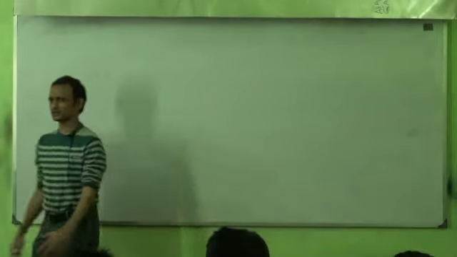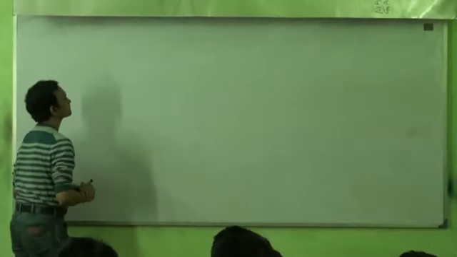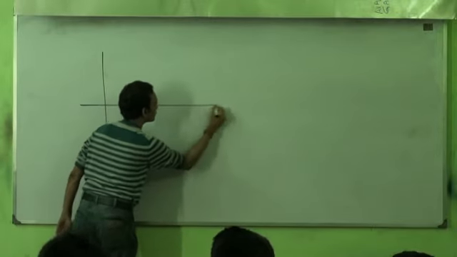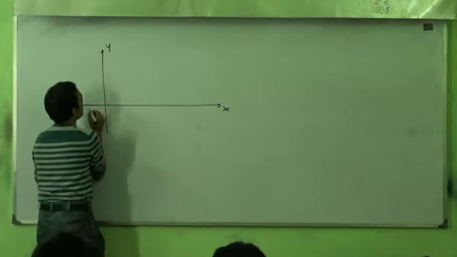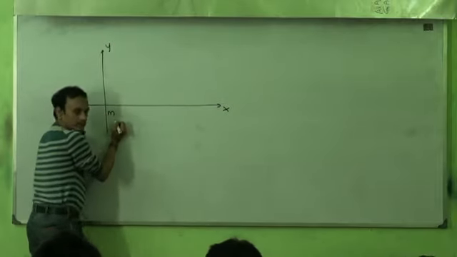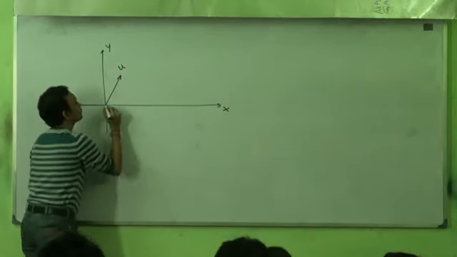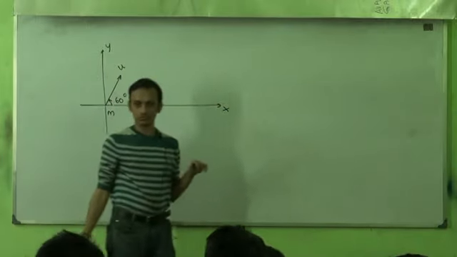Let me treat the law of conservation of linear momentum. Let's say there is a particle of mass m projected in the gravitational force field with a velocity u, making an angle 60 degrees with the positive direction of the x-axis.